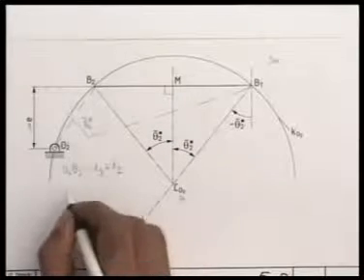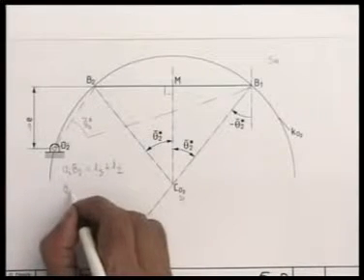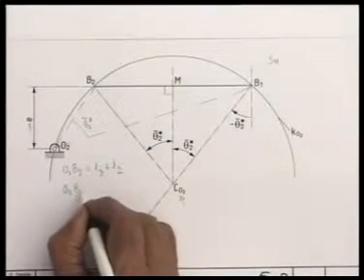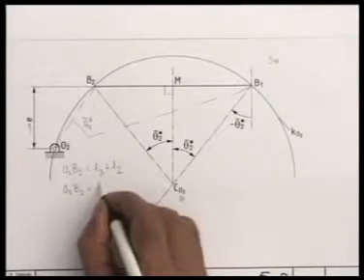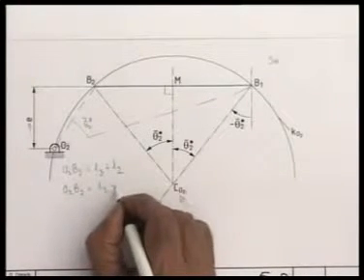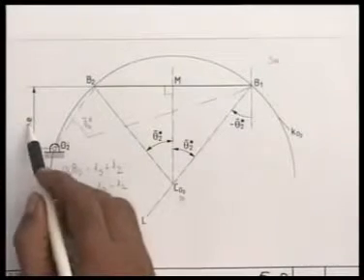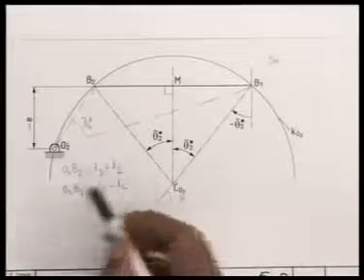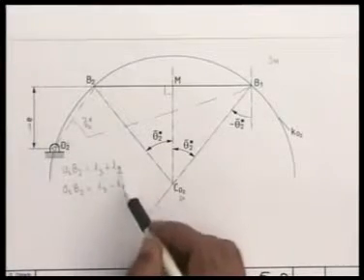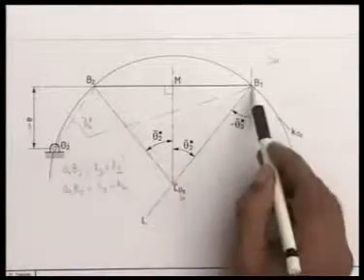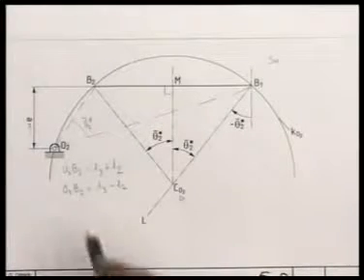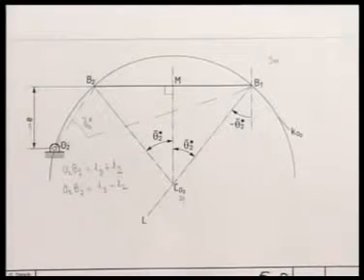Similarly, O2 B2 at the inner dead center configuration is L3 minus L2. So, out of the three kinematic dimensions, to define the linkage, I assume E and determine L3 and L2 from the measurement of O2 B1 and O2 B2, and then solving these two equations.